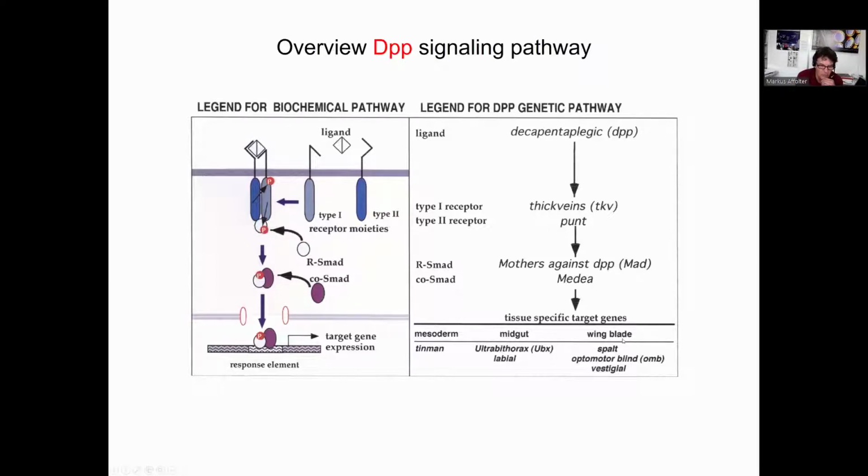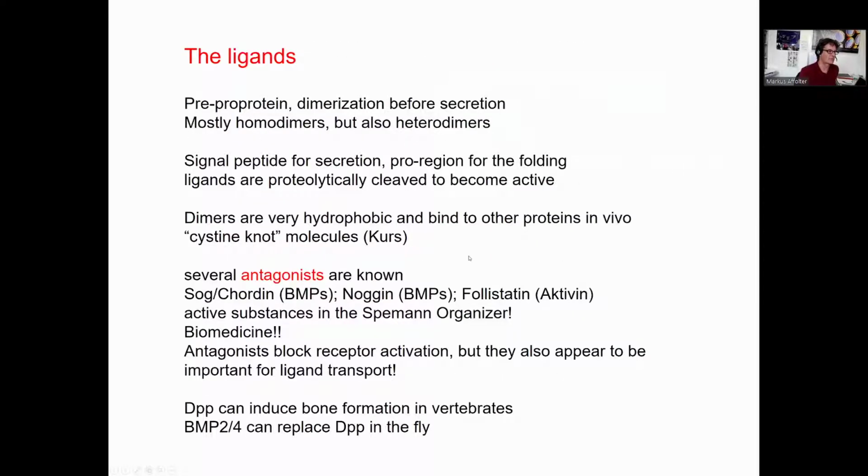Tomorrow we'll talk about wing-specific genes, or also this afternoon. So a midgut cell in the Drosophila embryo will respond differently to DPP signaling than a wing blade cell, then a nervous system cell, then a germ cell, then anything. All cells respond differently to these very same molecules here, to these MAD Medea eventually that go into the nucleus. And we'll find out how that works.